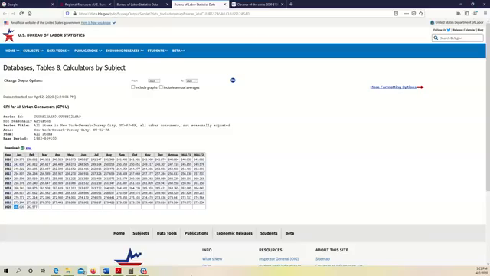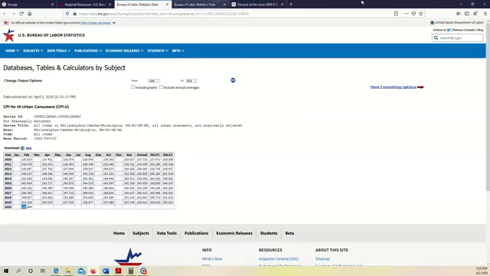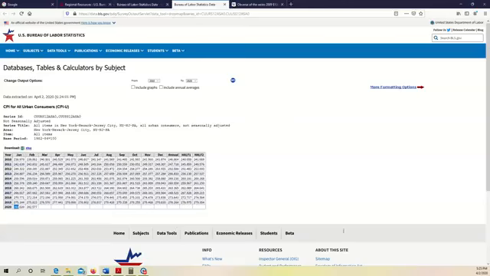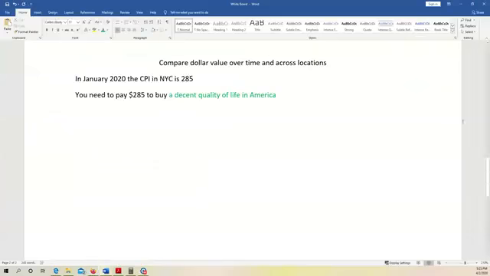That means to maintain the same quality of life or living standard in America, it is cheaper to live in Philadelphia than to live in New York City. Okay, so this leads to our next topic: compare dollar value over time and across locations.